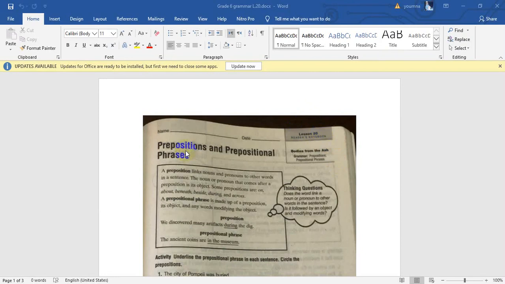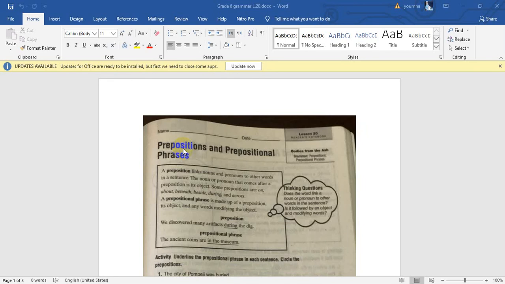Our lesson today is talking about prepositions and prepositional phrases. What is a preposition? Prepositions are words that we use like of, with, in, on, at, from, about, around, below, and so on.